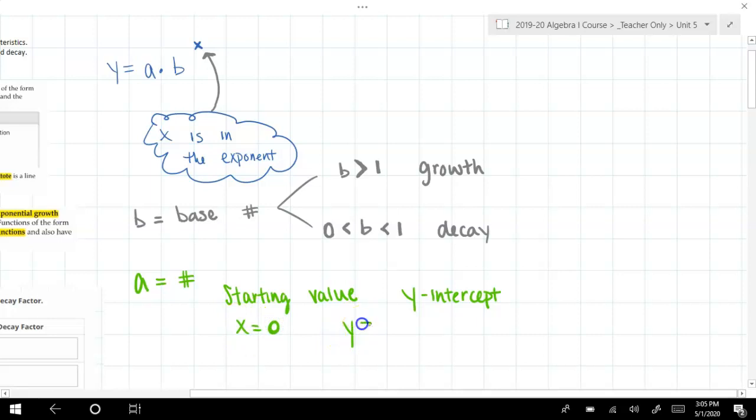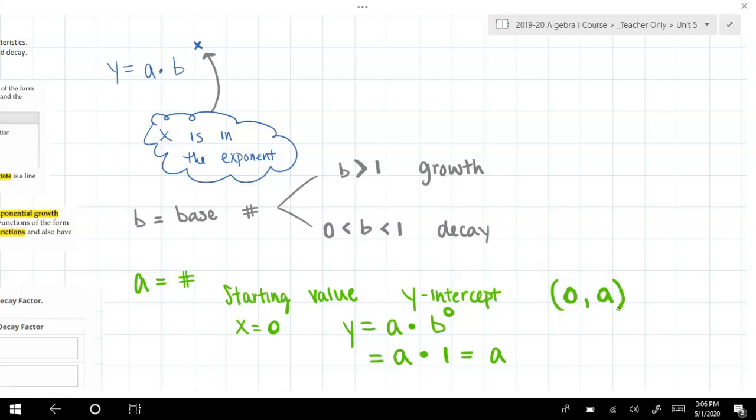So if we sub x equals 0 into this equation, we get a times b raised to the 0 power, and anything raised to the 0 power is equal to 1. So a times 1 is equal to a. So the y-intercept is always where x equals 0, and when x equals 0 in this equation, a is the y-intercept.